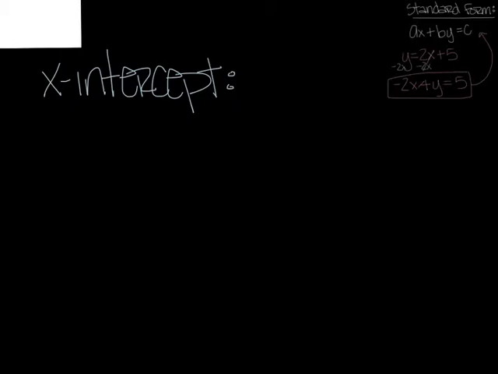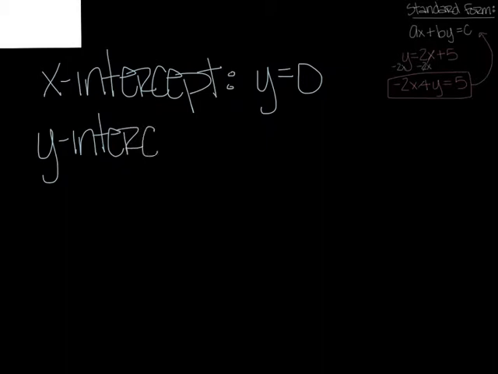So that's going to happen when y is 0. The y-intercept we've talked about before, and that's what happens when x equals 0. So let's look at what I mean by that.